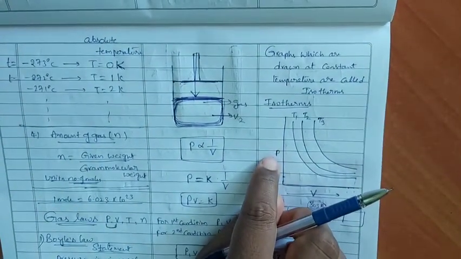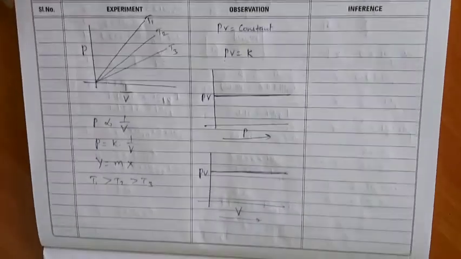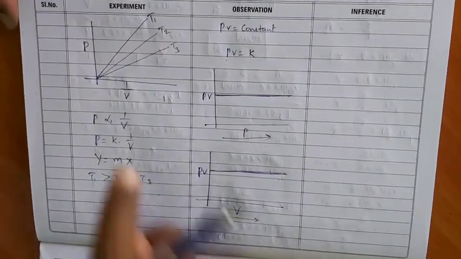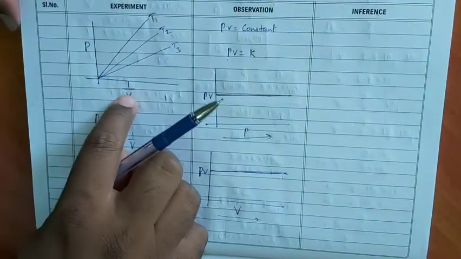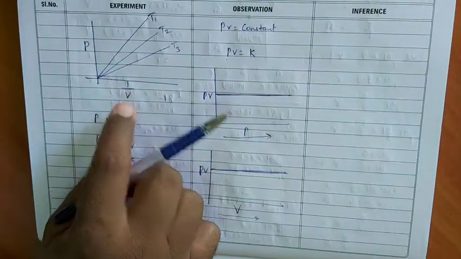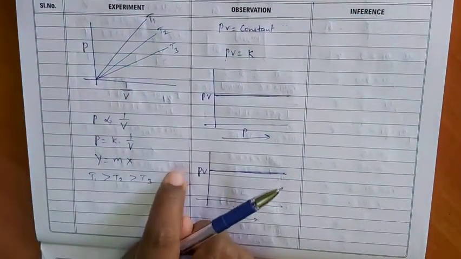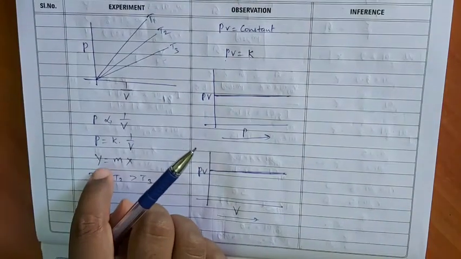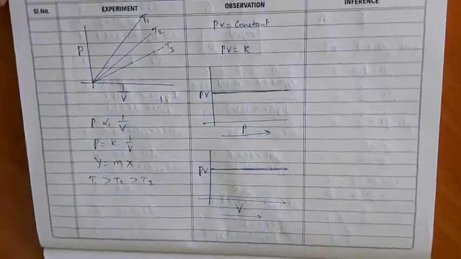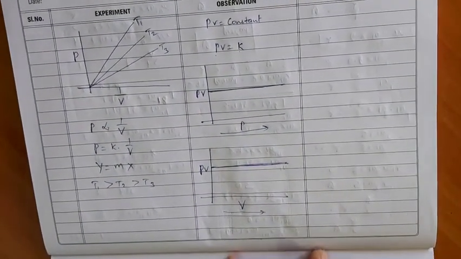This is the graph drawn between pressure and volume. This is the graph drawn between pressure and 1 by V. It is in the form of y equal to mx. Y equal to mx form will be a straight line passing through origin.